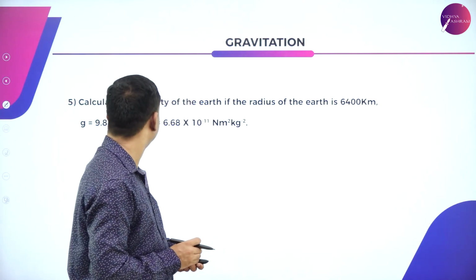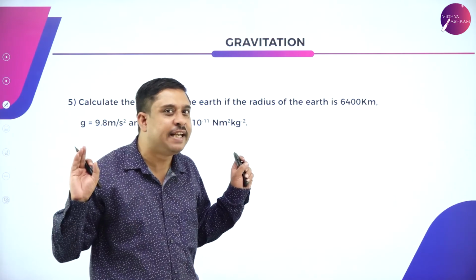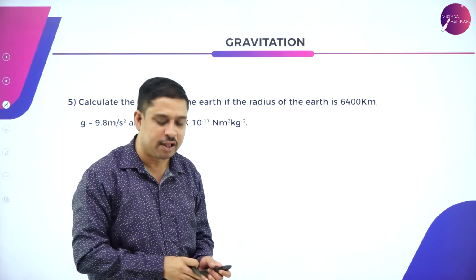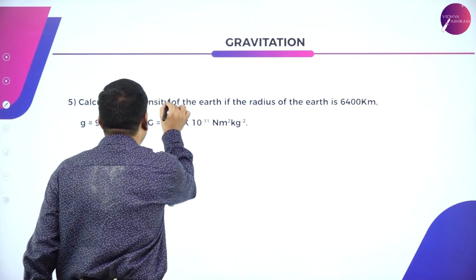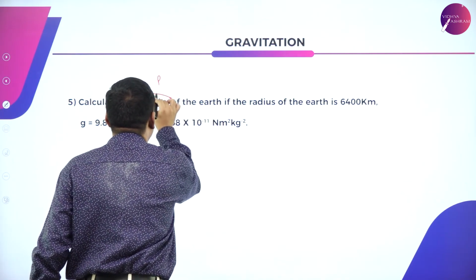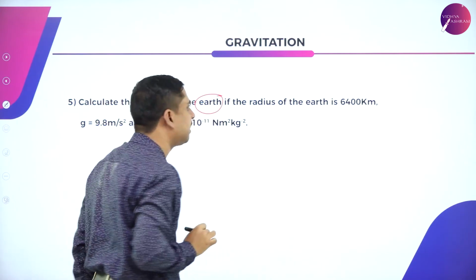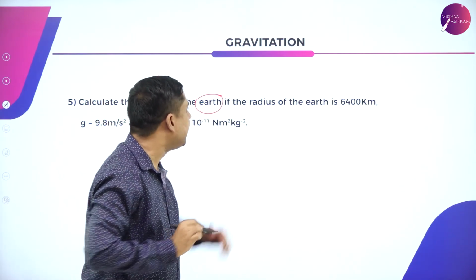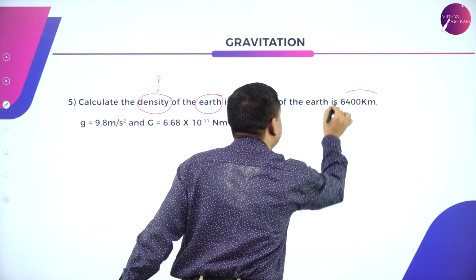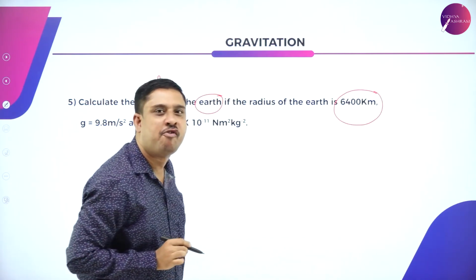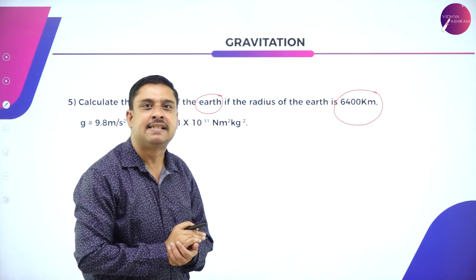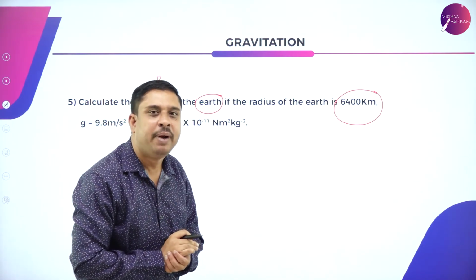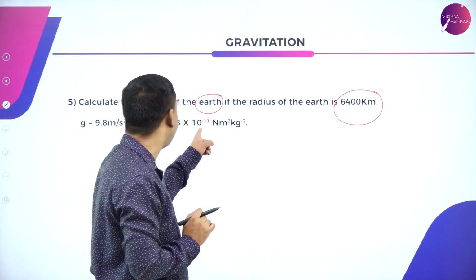Next one. Here I'll just give the hint and you will solve the problem. You have to calculate the density of the earth. Again, radius of the earth is 6,400 kilometers. G is 9.8 meter per second square.